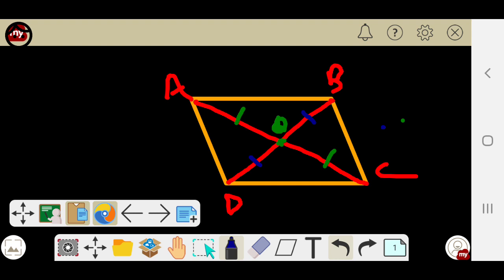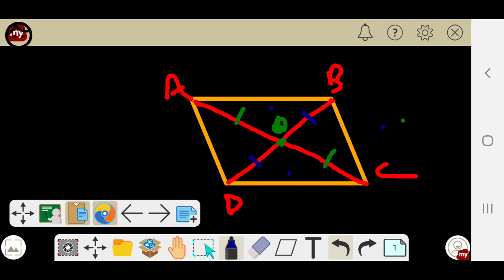Okay, dear children, here also we can use the congruency rule. In triangles AOB and COD, AO equals OC, and OD equals OB. That means a pair of corresponding sides are equal.